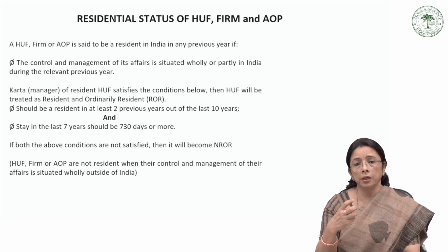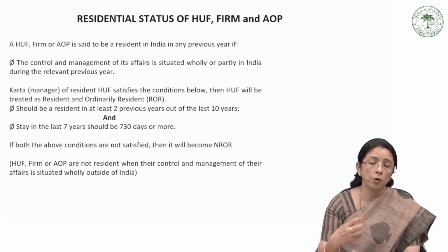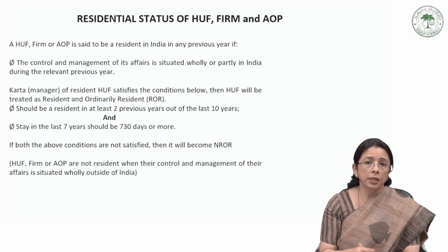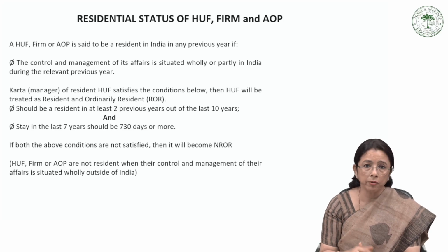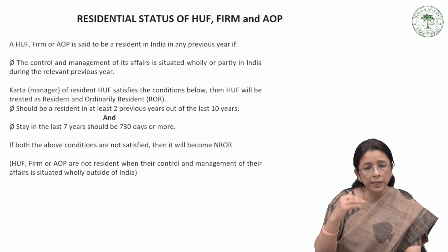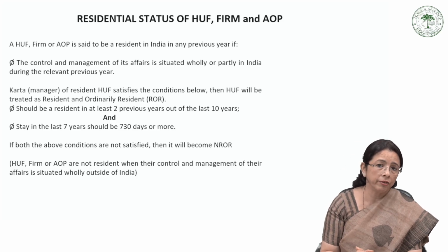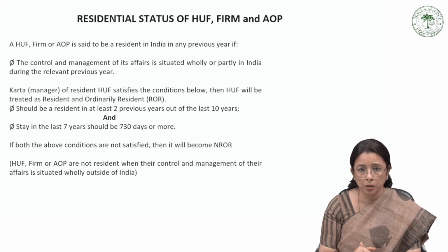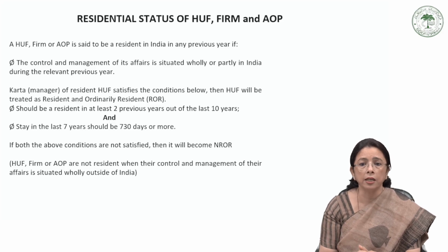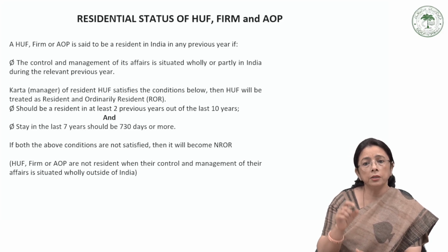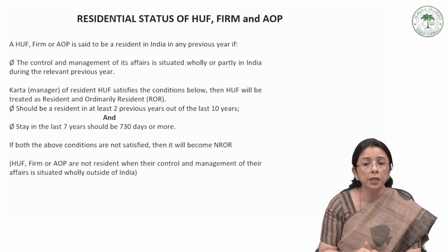The business is run by the family members, meaning anyone who is born in that family, the son or daughter, and the oldest member of the family becomes the Karta. That is maybe the grandfather or the senior-most eldest brother of the family, who will be treated as the head. So here the residential status of the Karta also has to be checked.